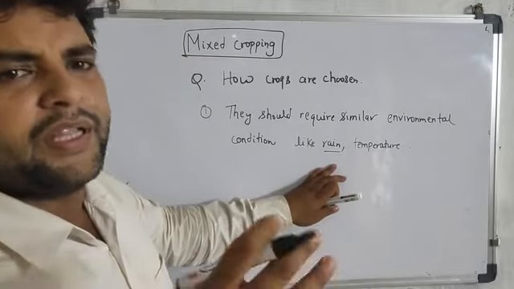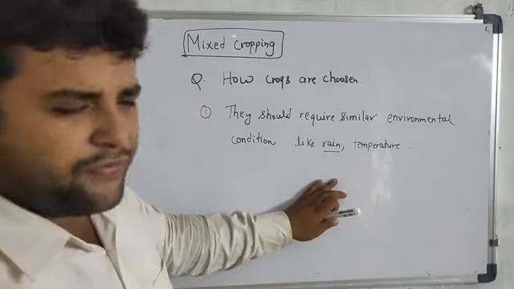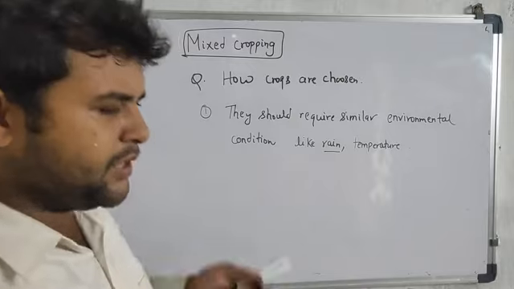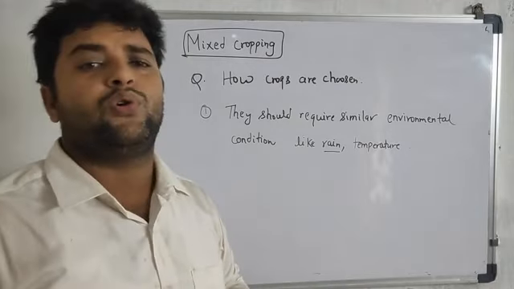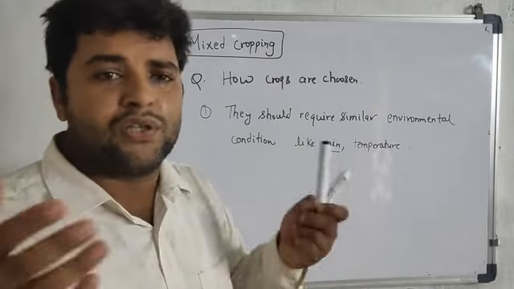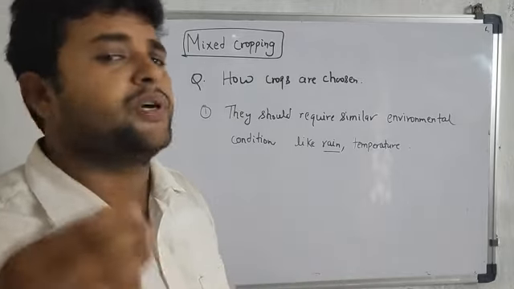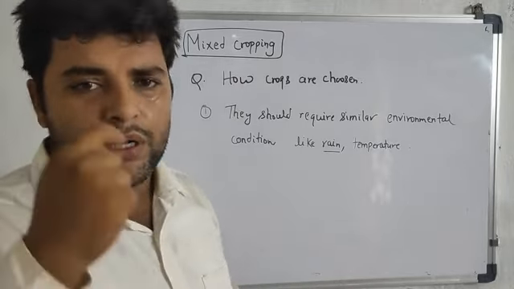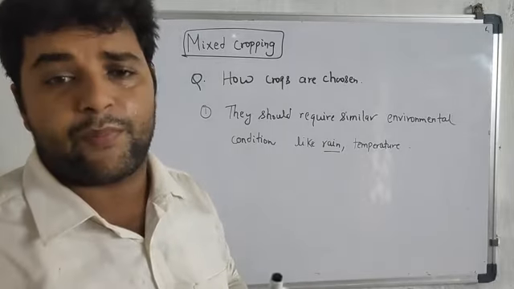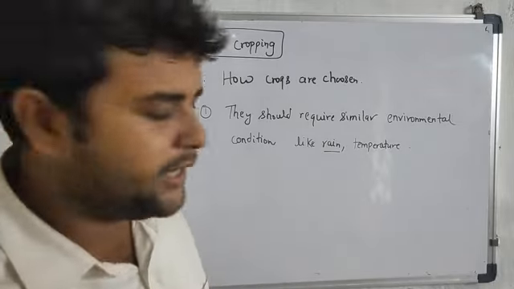For example, they require an equal amount of rain and temperature. This means the temperature requirement of both gram and wheat is low, because these two crops are usually sown during the winter season. So the environmental conditions are basically similar in both cases.